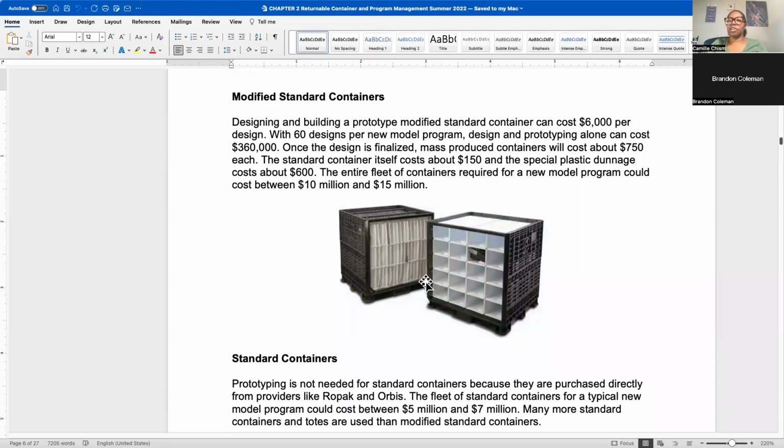Not sure how much that's changed because row pack or Orbis, they tend to keep their prices even during the pandemic. So I'd have to do a little research and find out how far off that is. But I haven't heard of any major increases with those. But this is just a round number for budgeting. So you could say that just the plain row pack by itself without modifications, say it's $150.